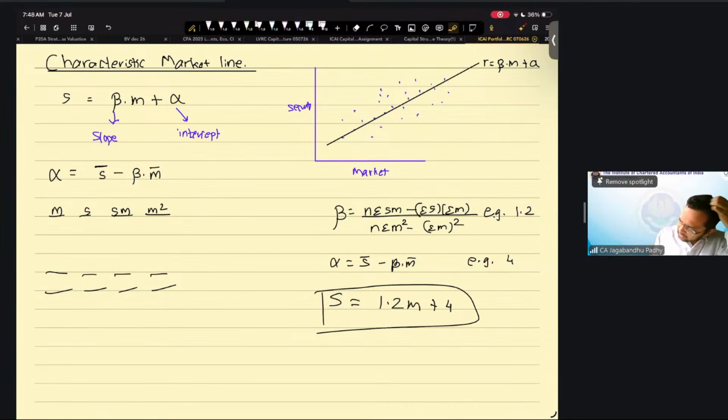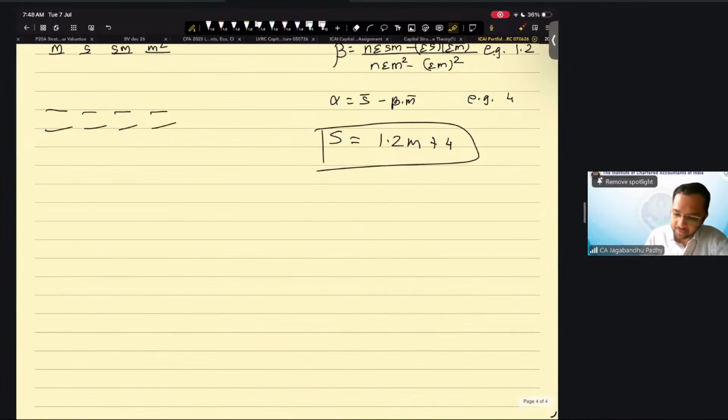This is not what is intended out of this model. This model has a greater degree of significance when we want to classify the risk into systematic and unsystematic risk. So let's have a look at that. Since we have security as beta into market plus alpha, now we can apply variance.